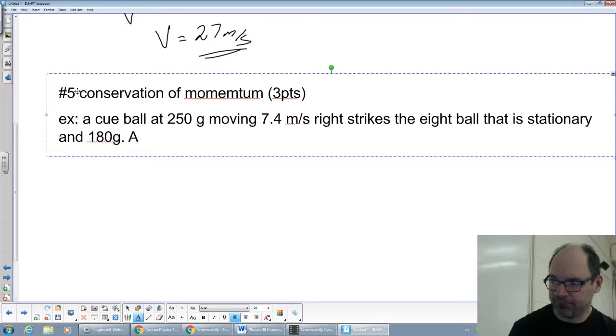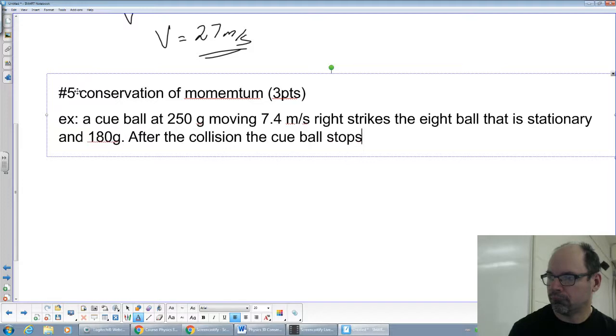After the collision, the cue ball stops. Find the velocity of the 8 ball.